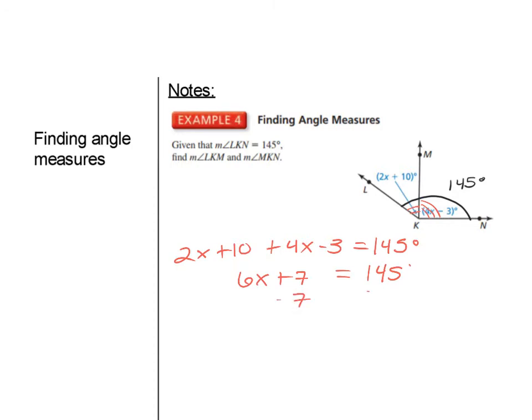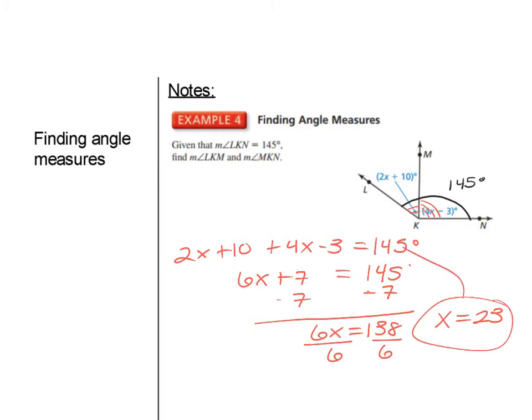Subtract 7, subtract 7. 6x equals 138. Divide by 6. Divide by 6. X equals 23. That's not your answer. That's just a key to your answer. Now you have to plug it back in.